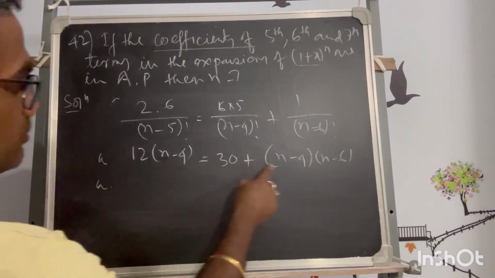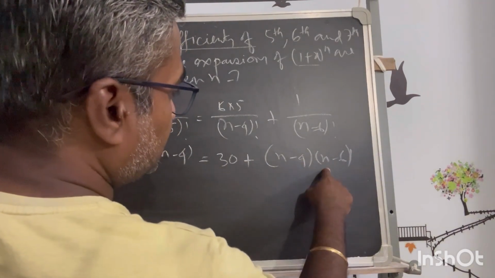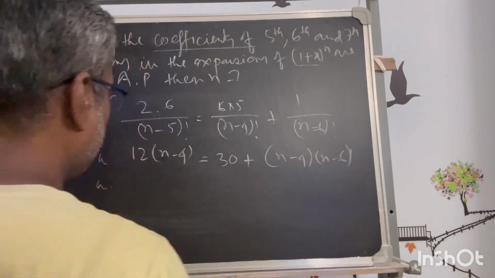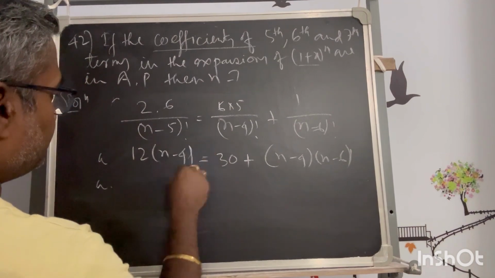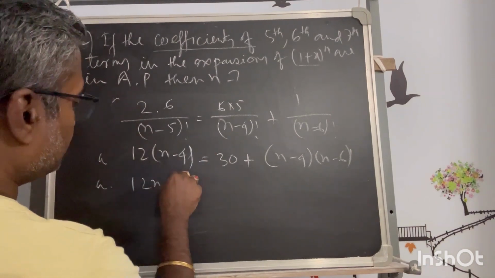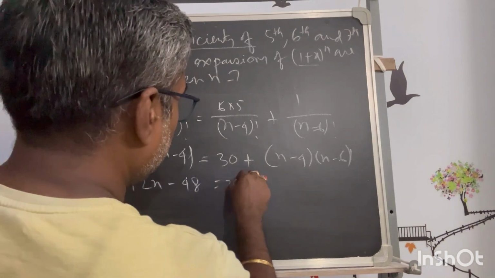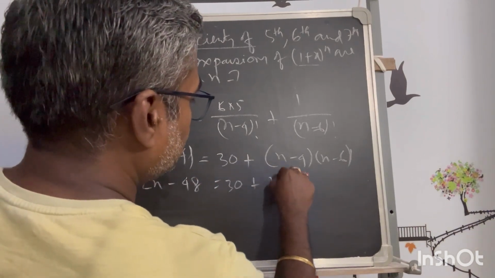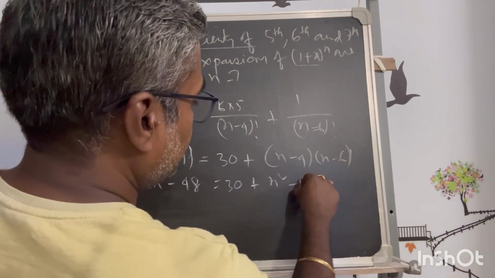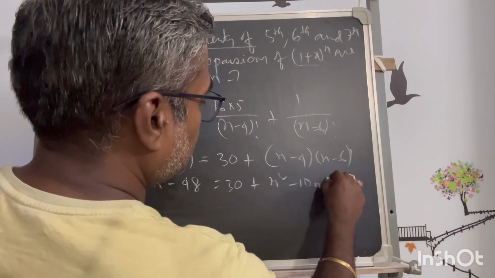Now by seeing this, you can see here n square is coming, so it will be a quadratic equation. So solve it. This will be 12n minus 48 is equal to 30 plus n square, 4 and 6 it will be 10n, and 4 into 6 it will be 24.